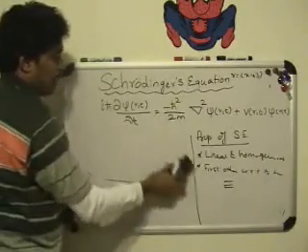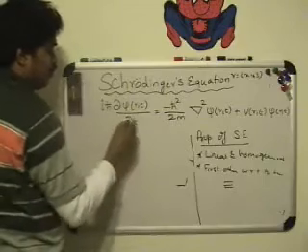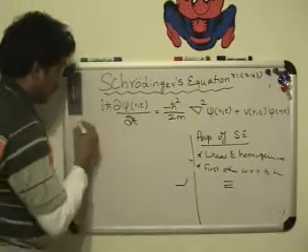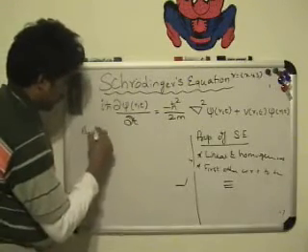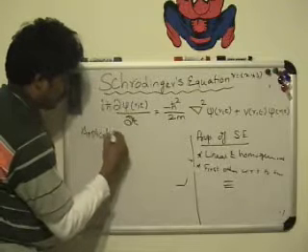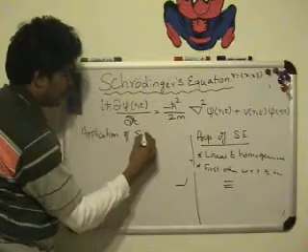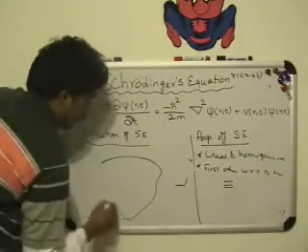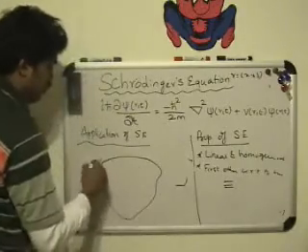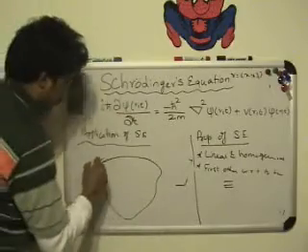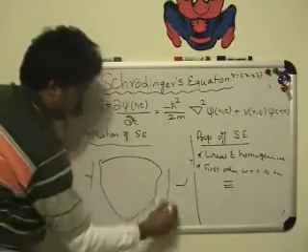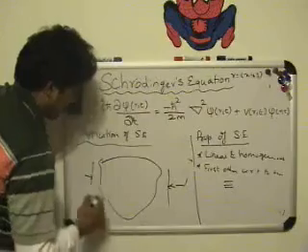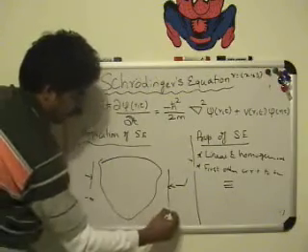So let me go to the application of Schrodinger's equation. Let us say this is a system, and assume that it is an n-dimensional or infinite dimensional system, going from minus infinity to plus infinity.